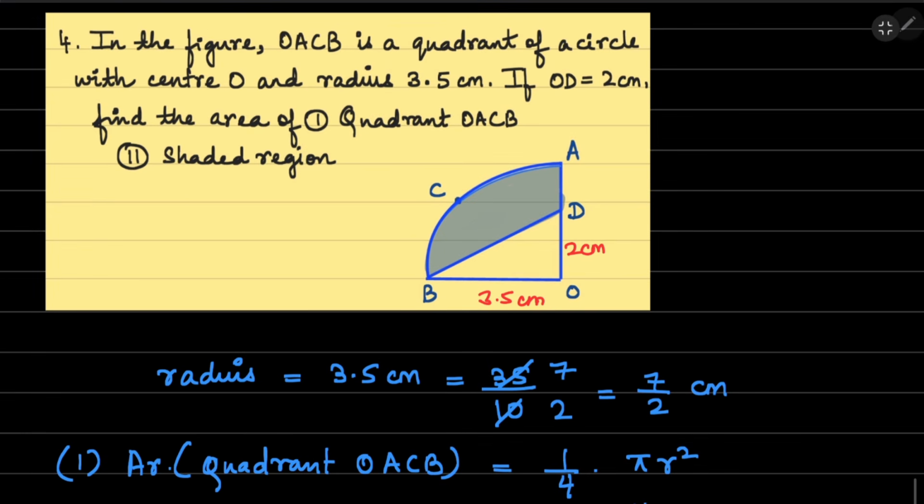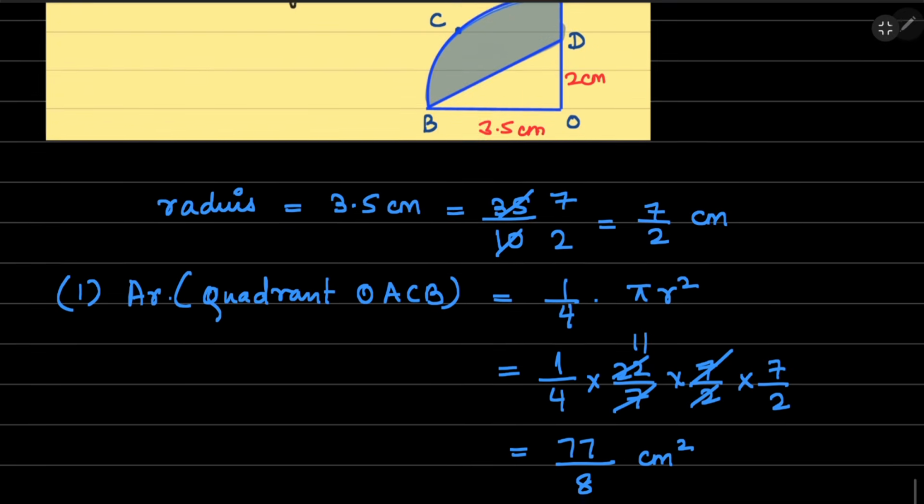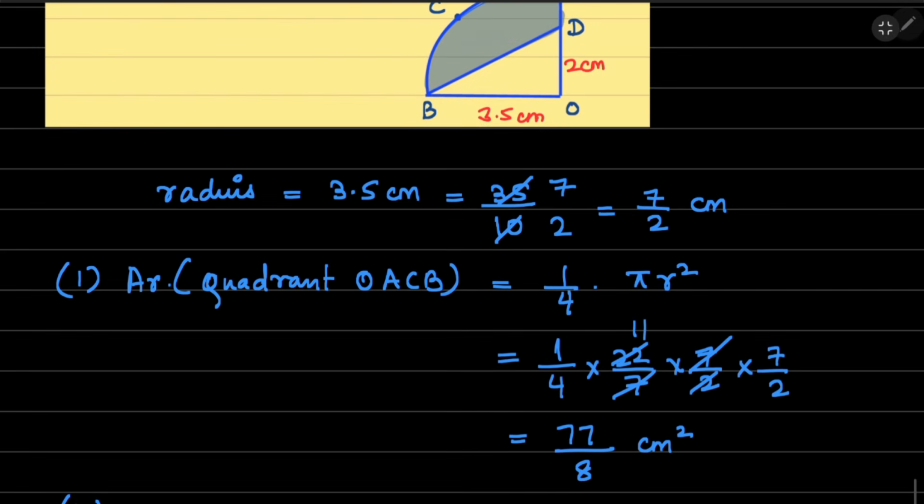Next, you have to calculate the area of the shaded region. So the area of the quadrant minus the area of this particular triangle. If you calculate the area of the triangle and subtract it from the quadrant, you will get the shaded area. In order to calculate the shaded area, you need to find the area of triangle OBD.